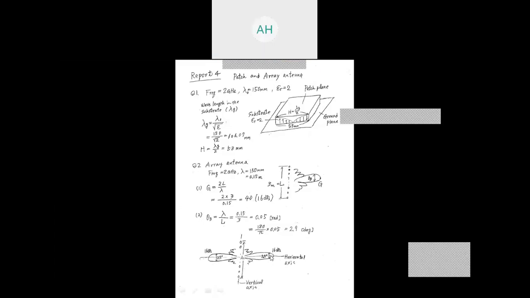In all the horizontal plane, the radiation happens. Then how about the vertical plane, when the radiation happens on the horizontal plane? It's only a little radiation like this, small.